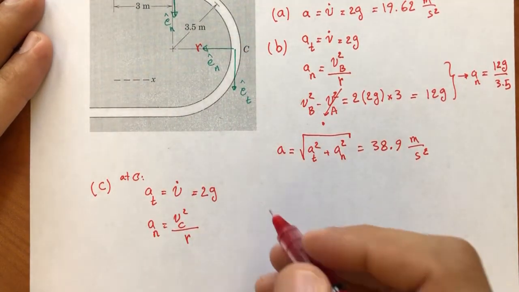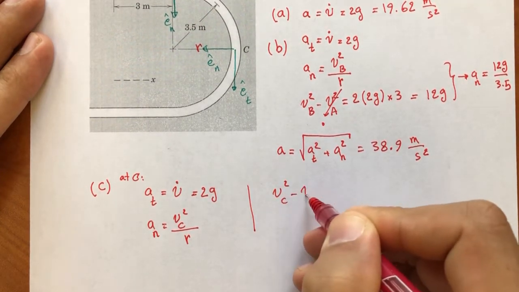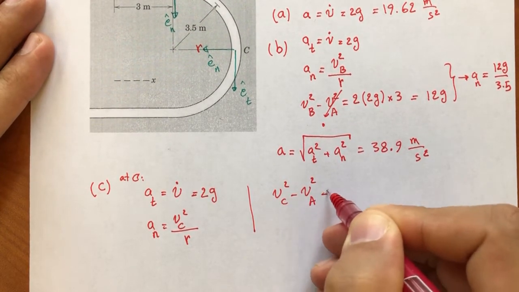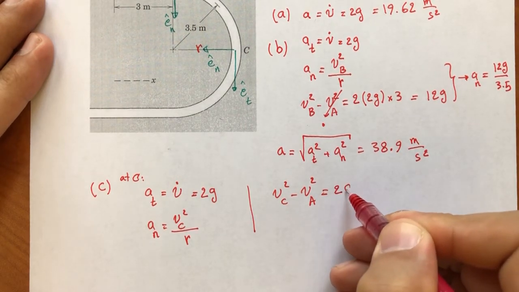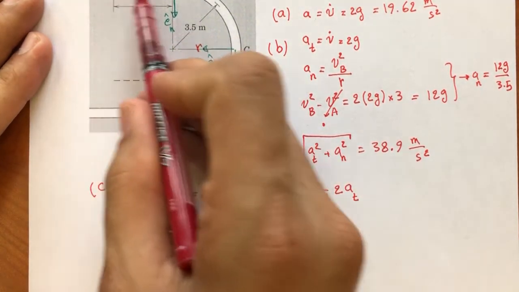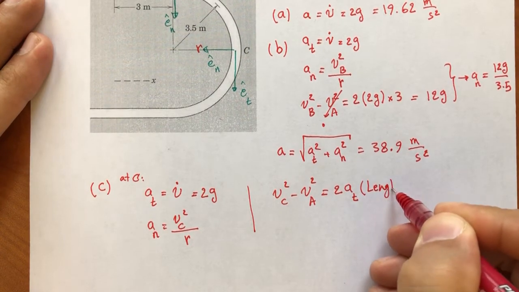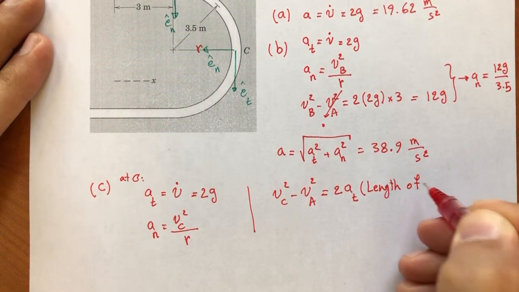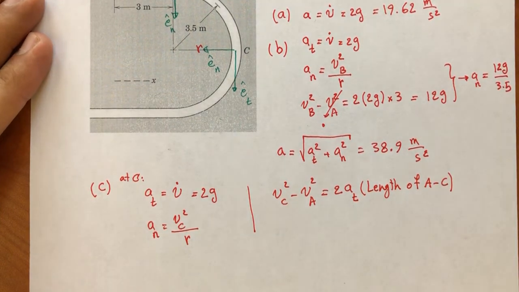What's the meaning of that? It means velocity at C squared minus velocity at A squared is equal to 2 times acceleration in the tangential direction times the displacement from A to C, or length of A to C curve, right?